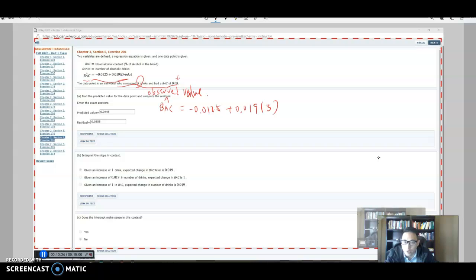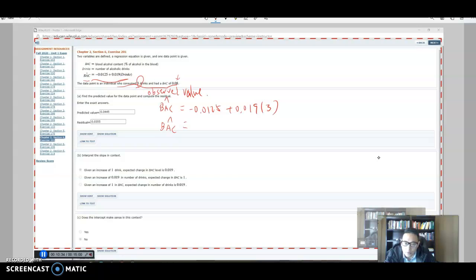Just to compare the actual: 3 drinks, you have a BAC of 0.08. Then I'm going to put it into the regression and see how much BAC I have in my blood.